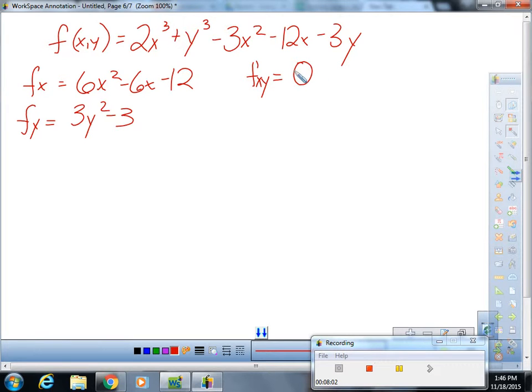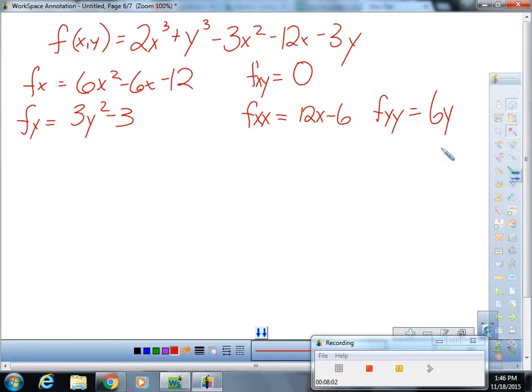Okay. And then what about f sub xx? And f sub yy, just in case we need it, we will. It's 6y, okay? So you start out like that.